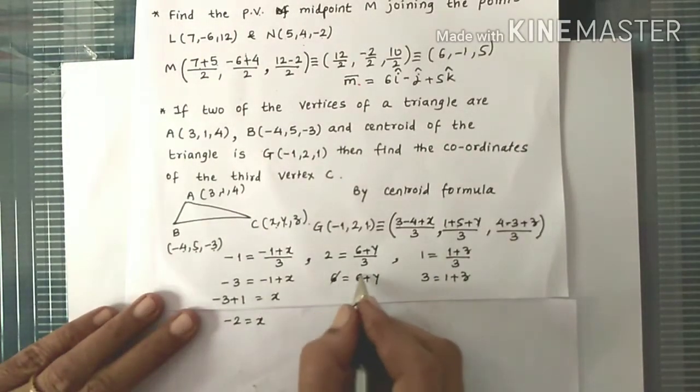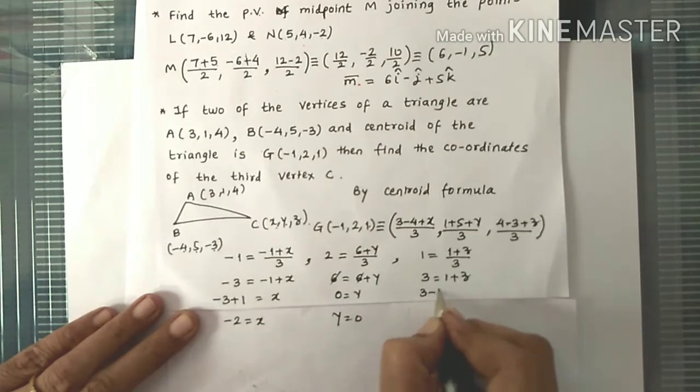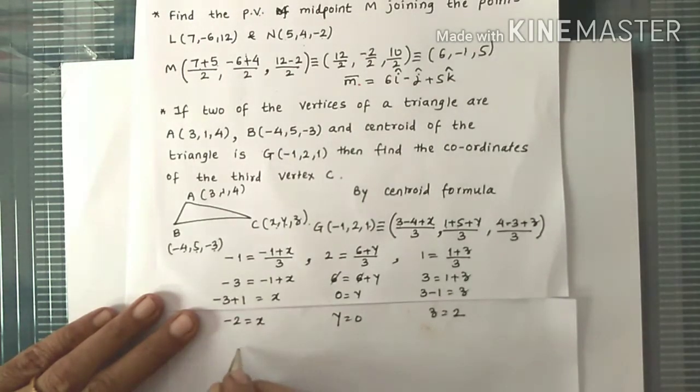Here 6 gets cancelled, so the value of y is 0. And 3 minus 1 equals z, so z equals 2. So the coordinates of C, x, y, z are (-2, 0, 2).